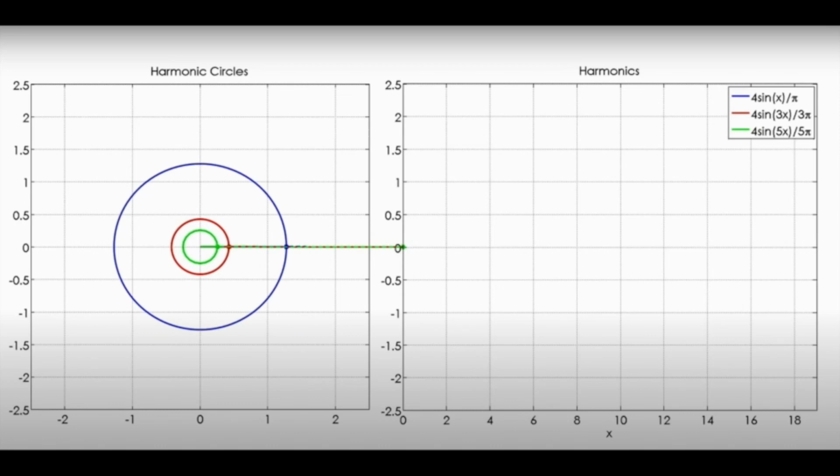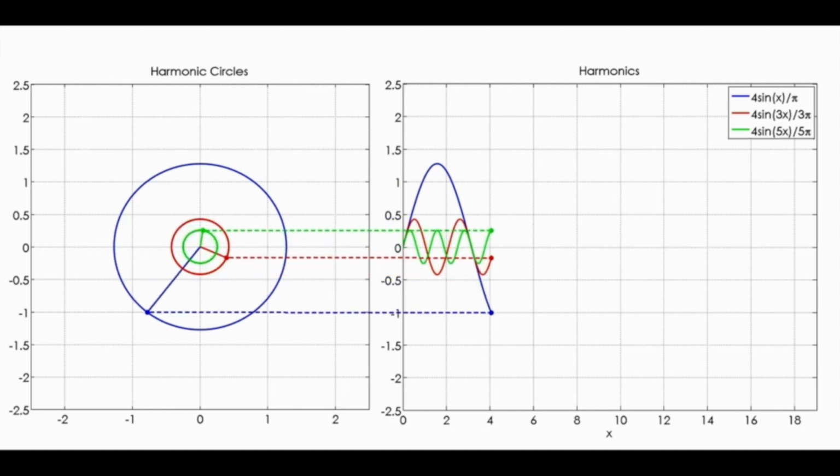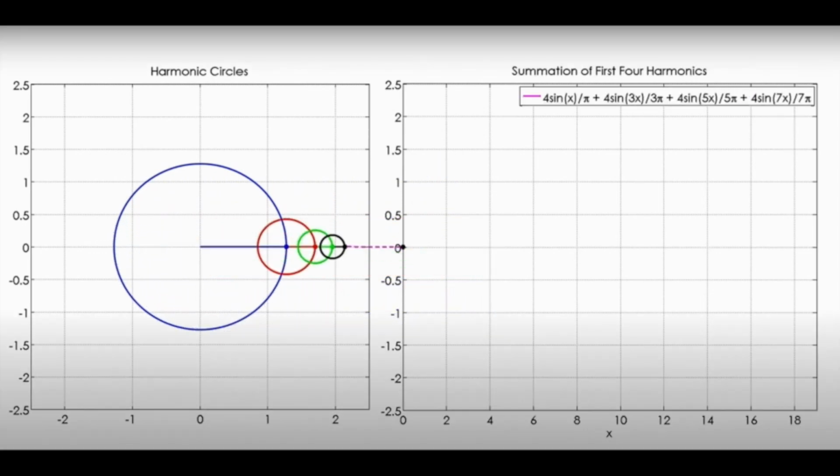So let's see how this works. Now you can see that when it starts to move, it is forming three different sine waves on the right plot. Now let's add these three different rotating points, just like the summation that we have written before. Now when you add these three rotating waves, we are going to get the corresponding resultant y component. Let's see how it looks.